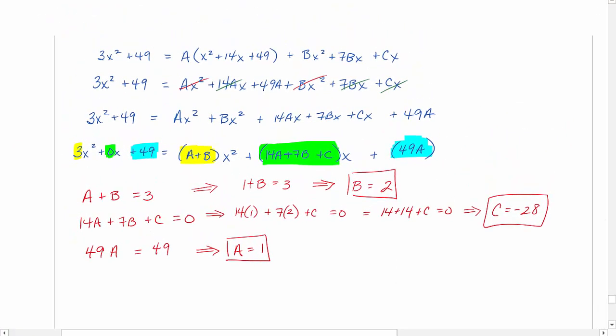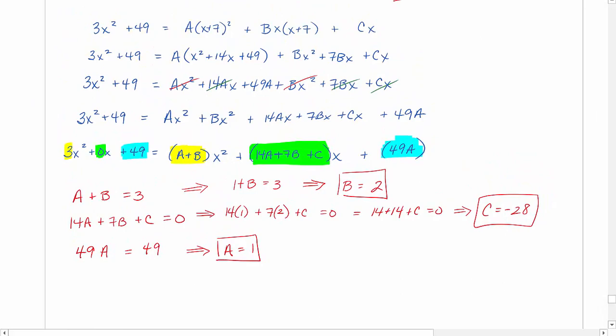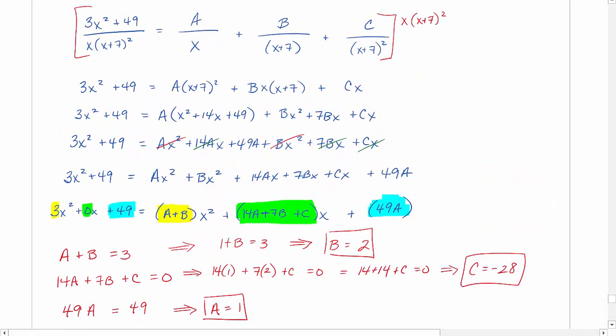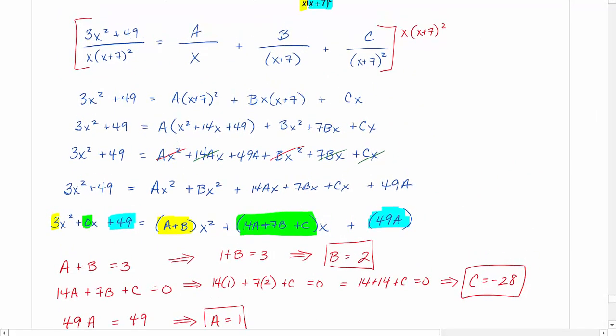Now that we have solved our system, we're ready to plug these numbers back into the numerator of our original statement.